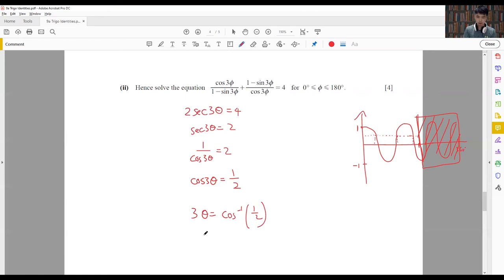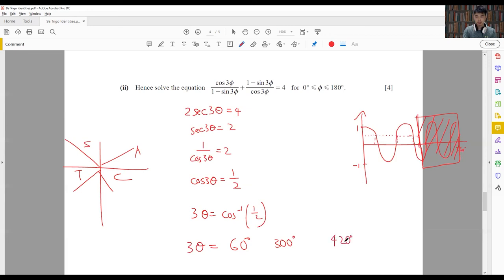Inverse cos of 1 over 2, you are supposed to get 3 theta either equals 60 degrees, using your ASTC, where this is a positive value, or 360 minus 60, 300 degrees, like so. And the next one would have been 420 degrees.